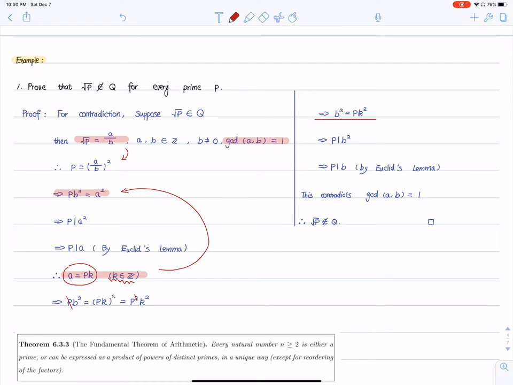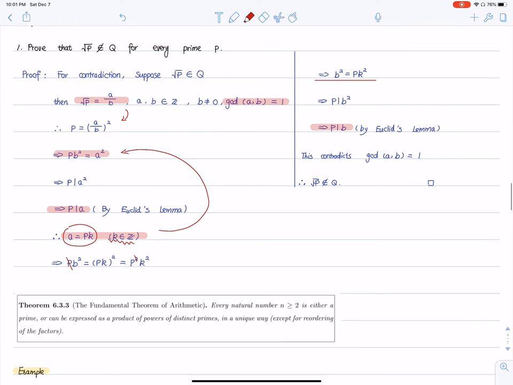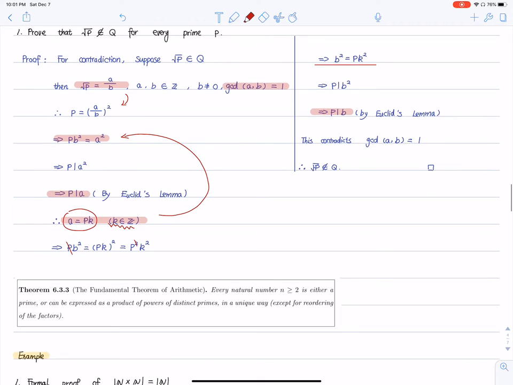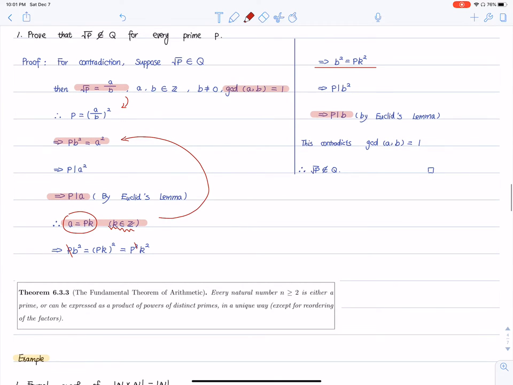This means P divides B squared, and by Euclid's lemma, P divides B. So now you have P divides B and P divides A. This contradicts your assumption that GCD of A, B is 1, because if P divides A and P divides B, then the GCD of A, B is at least P, which is a contradiction. So your original assumption, that the square root of a prime is rational, is false.